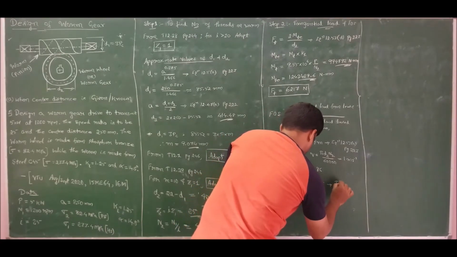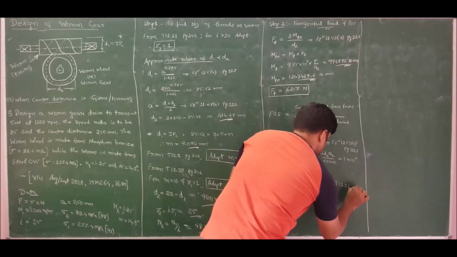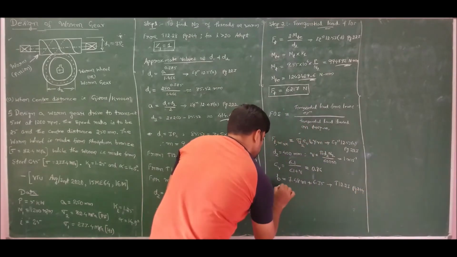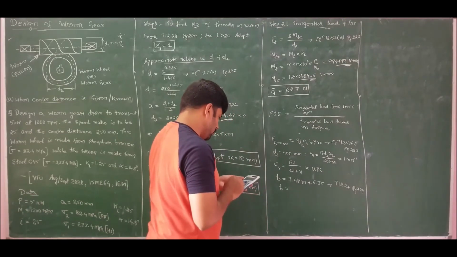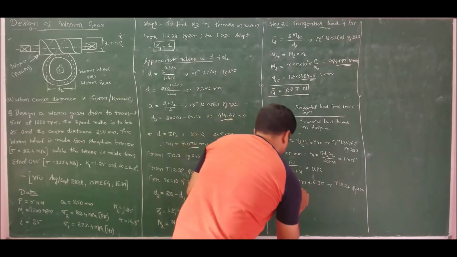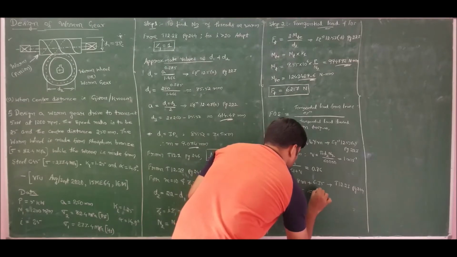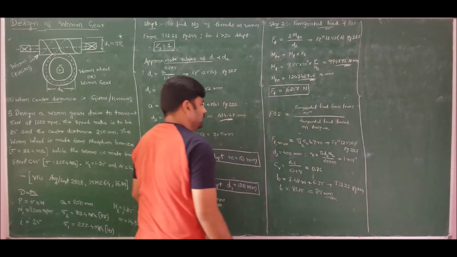This is from table 12.27, referring to page 244. So the value of B will be 7.48 into m, which is 10, plus 6.35, which is nothing but 81.15. So we can approximate it as 85 millimeters, the face width.